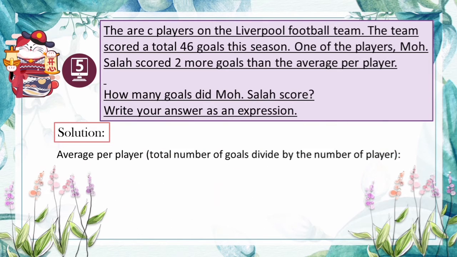So, the average is going to be the total number of goals divided by the number of players. And they tell us that there are 6 players. So this expression, 46 divided by 6, is the average goals per player.